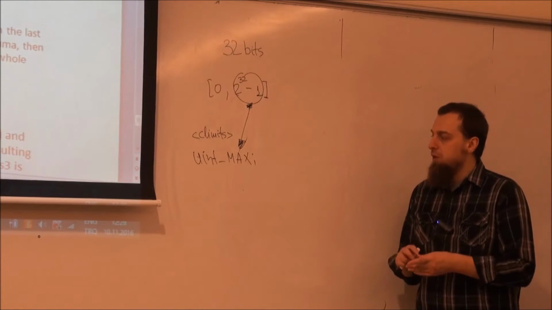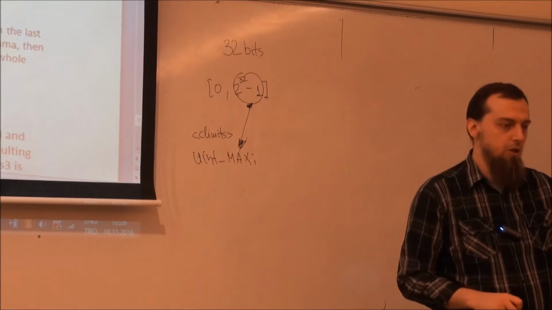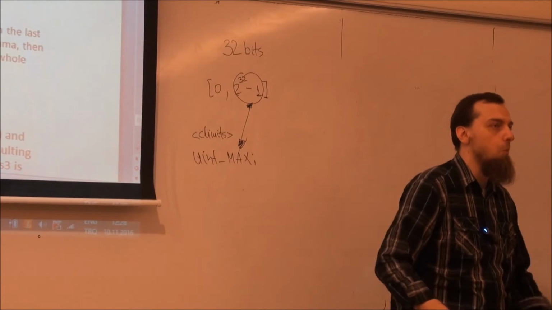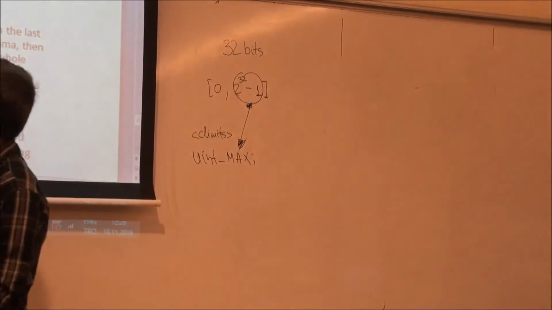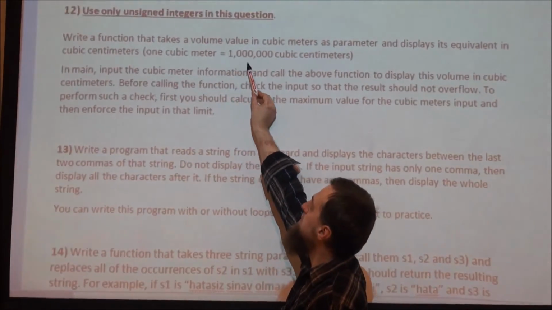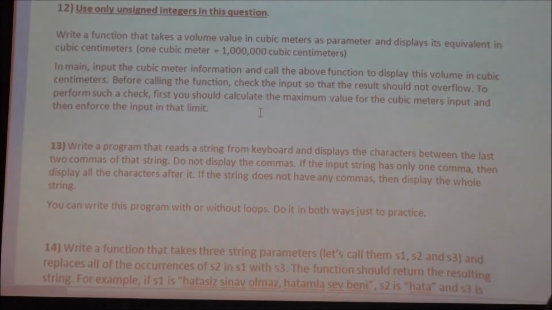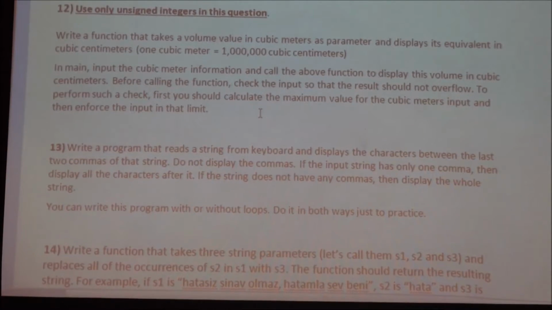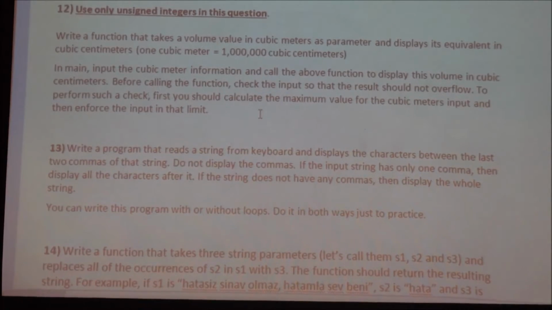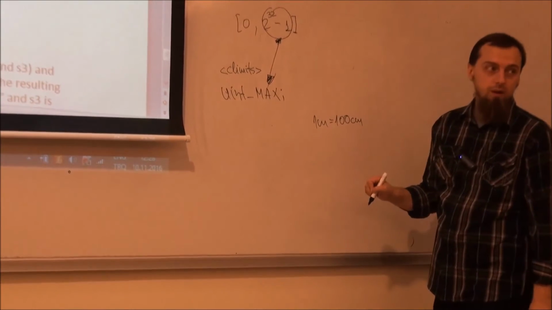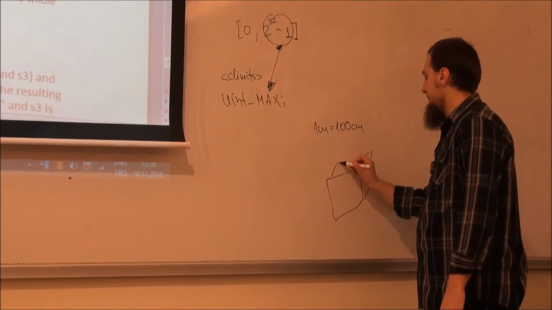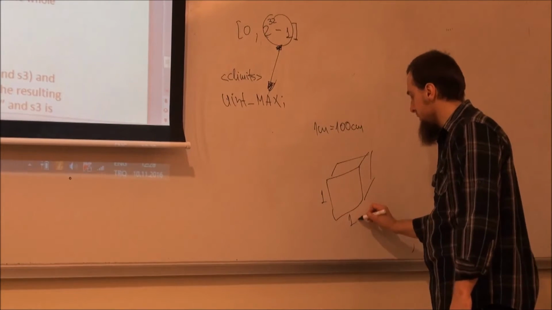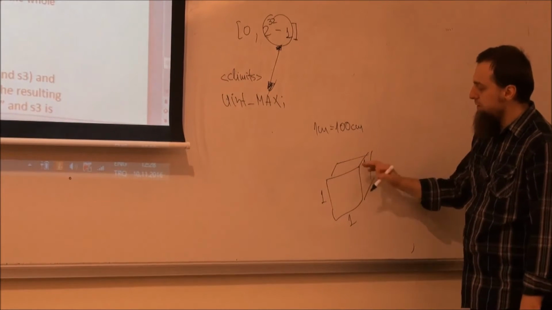So our job is going to be the following. I'm going to give my input in cubic meters. Let's say I give 1,000 cubic meters. And I have to convert it to cubic centimeters, knowing that 1 cubic meter has 1 million cubic centimeters. Okay? Basically, 1 meter has 100 centimeters. So if I have something like this cube, length, width, height, everything is 1 meter.